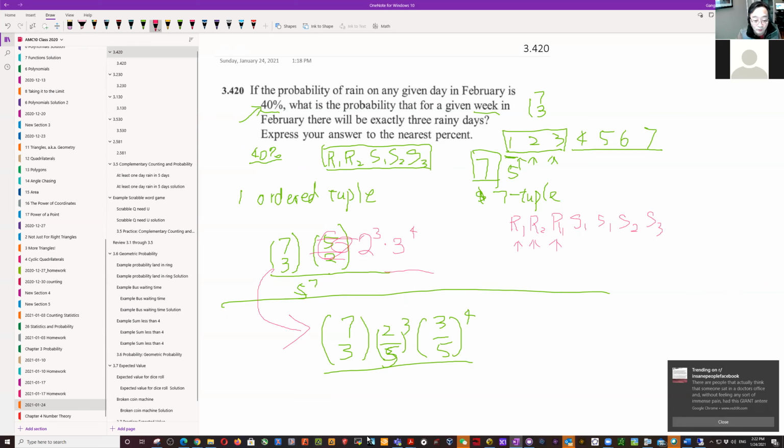So it's possible to do this as an ordered tuple, and an ordered tuple is usually always guaranteed to be right in any discrete counting. And then unordered set, let's see if that's possible. Unordered set actually is not possible because the order does matter.